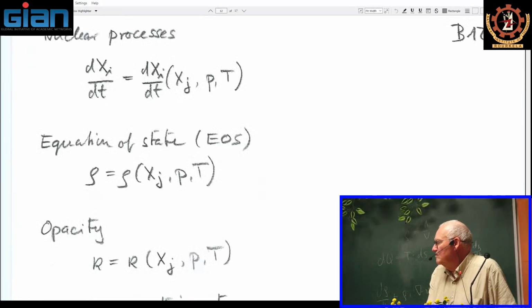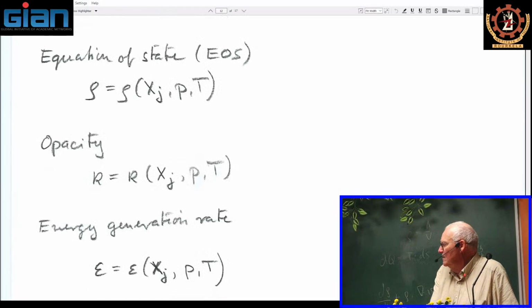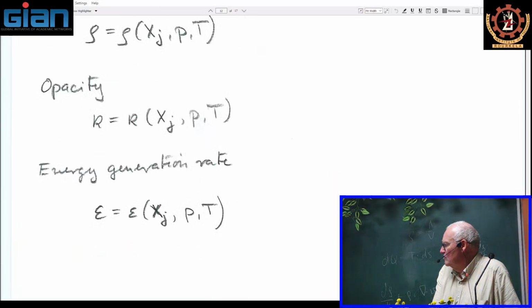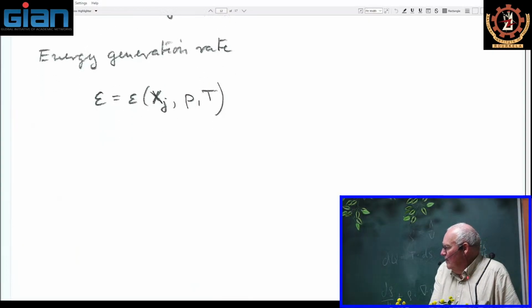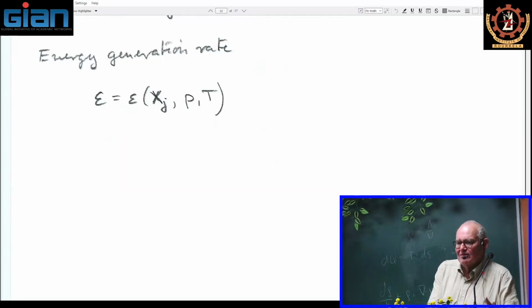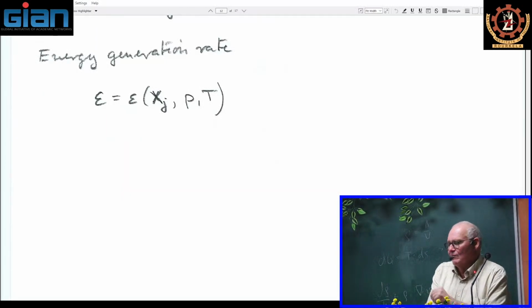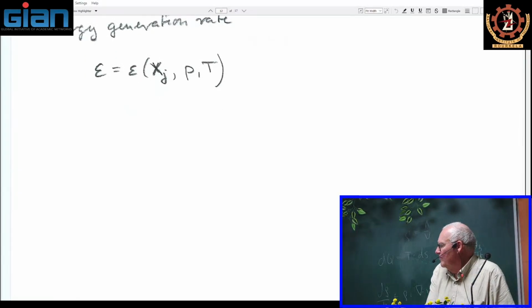And of course, we need to specify the opacity and the energy generation rate. That's just to summarize what we have to solve and how to proceed now with approximations, with simplifications, to gain some insight into the problem. Okay?